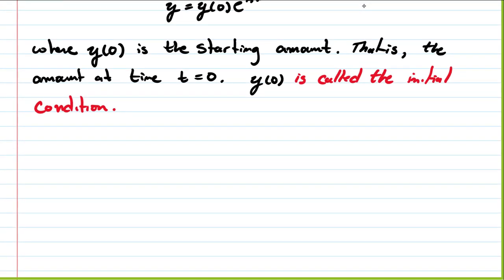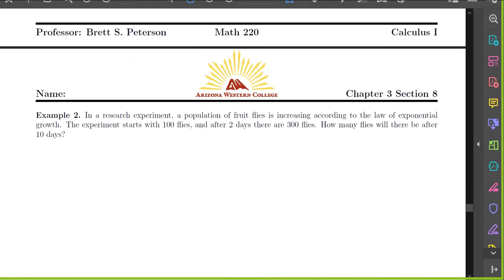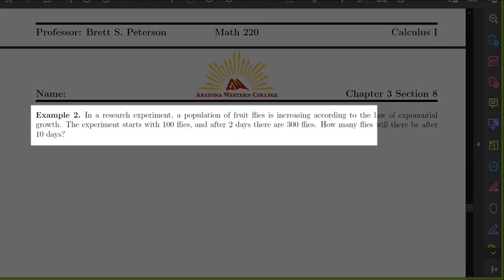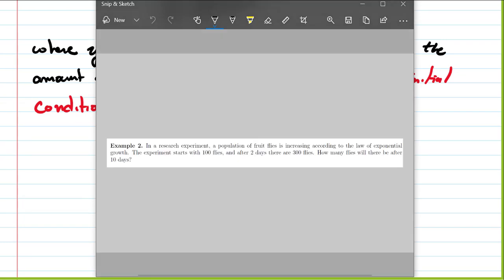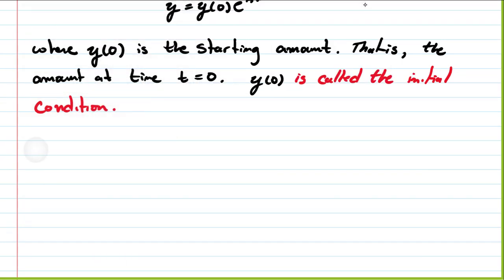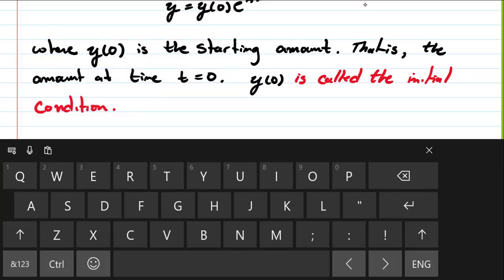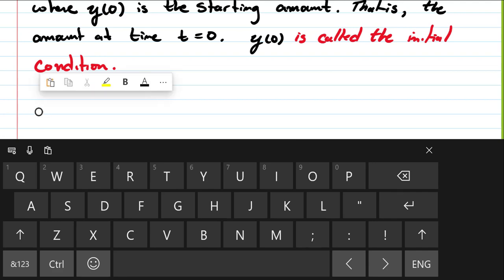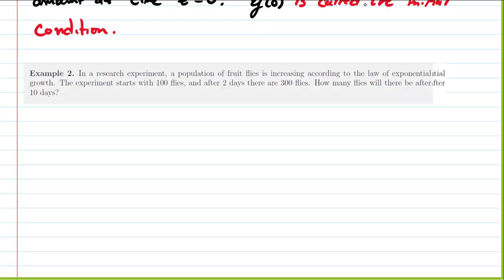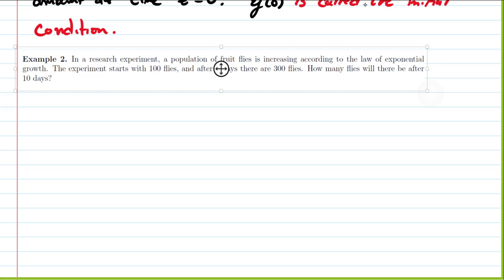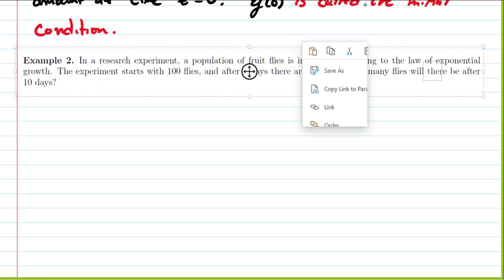All right, so before we move on to example 2, there are a few things that I do want to mention. So a lot of these problems we've seen in a pre-calculus class, and we've potentially seen these problems in either a chemistry or a physics class, or maybe even a biology class.